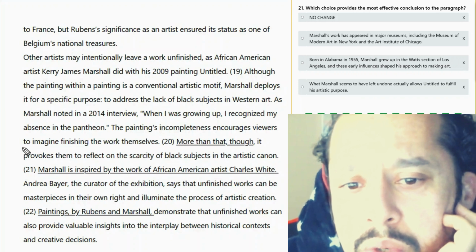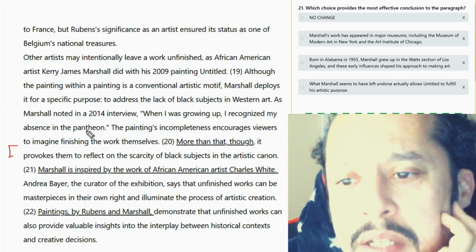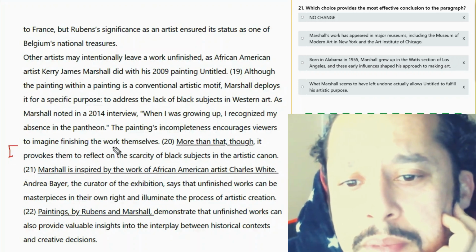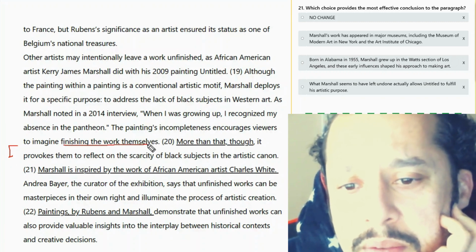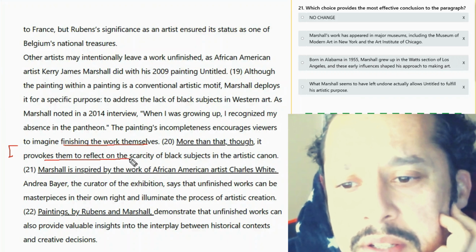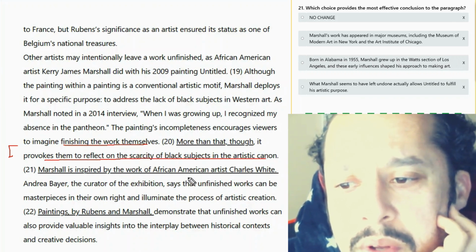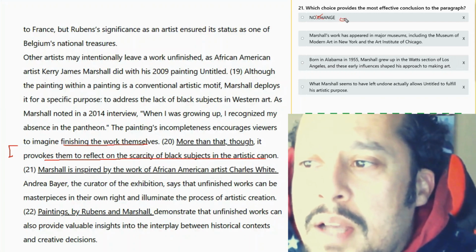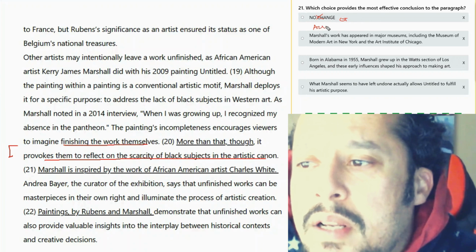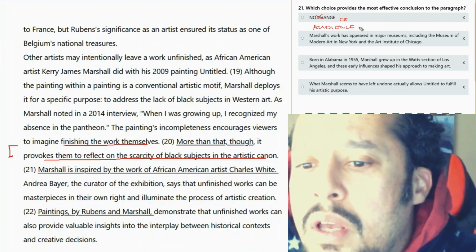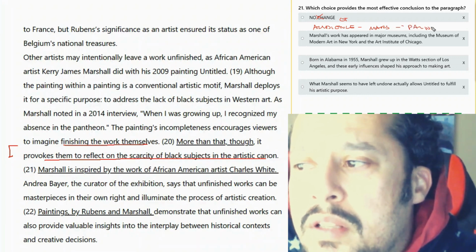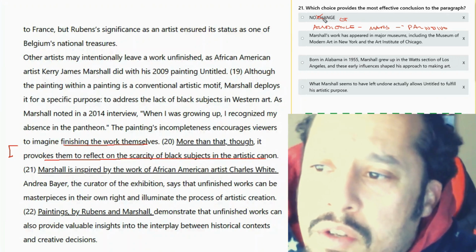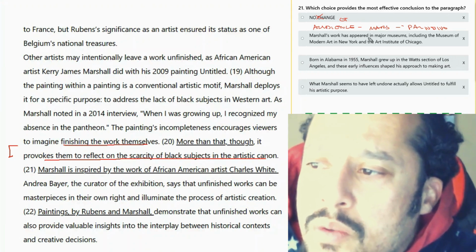Number 21, which provides a conclusion to the paragraph. Isn't he saying people will finish the painting, right? So it encourages people to finish the work themselves. It provokes them to reflect on the scarcity of black subjects in the artistic canon. Okay. "Marshall is inspired by the work of African American artists." So this is off topic. We want the topic itself to talk about, for example, the audience and what's his name? Marshall and the painting, right? Because that's the main focus of the paragraph. Answer B, "His work appeared in major museums."